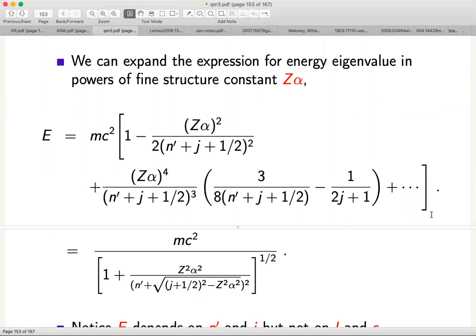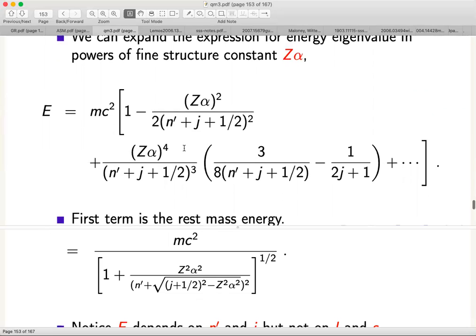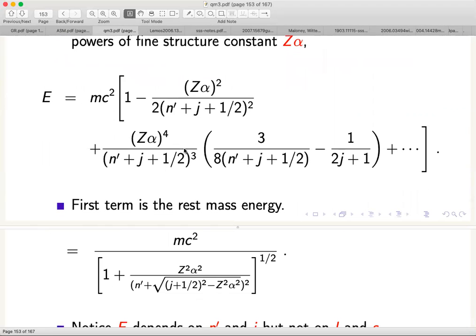The first thing that we notice is that the leading term is, of course, the rest energy of the particle. You are doing relativistic mechanics, so you would always have this rest energy going around. The next term is negative, indicating that the energy spectrum you are looking at is a bound state spectrum, which is what we want, and what you have in the non-relativistic problem also.